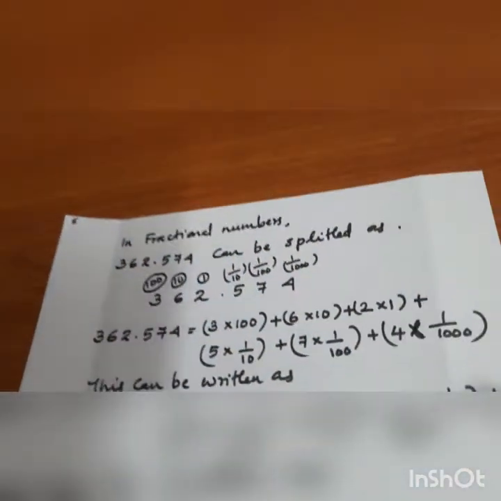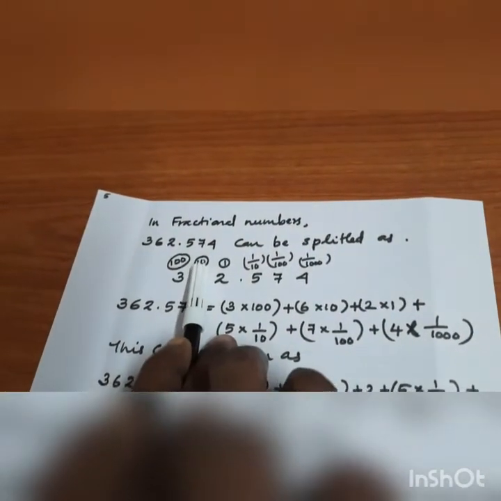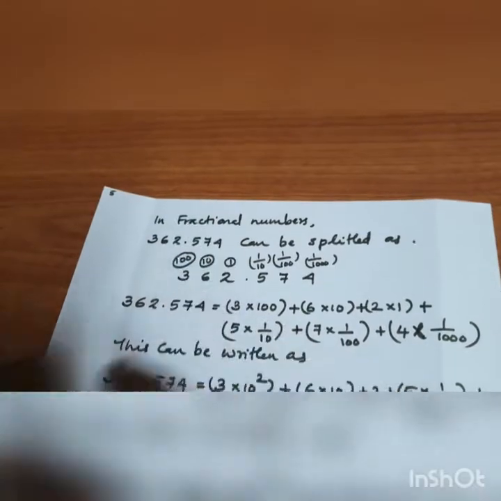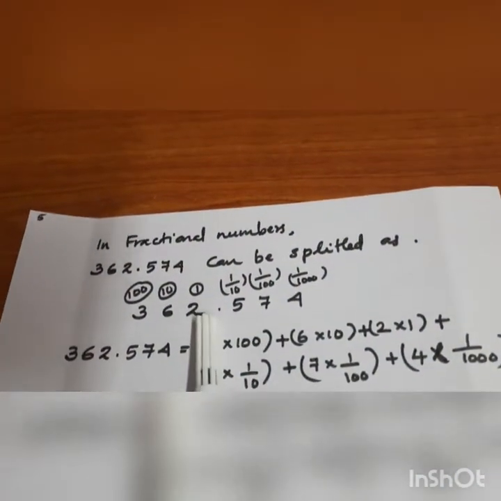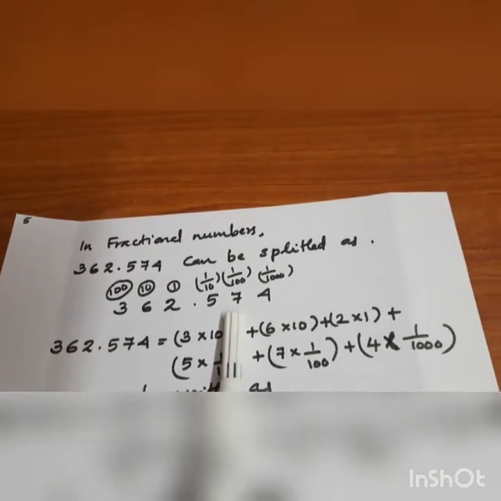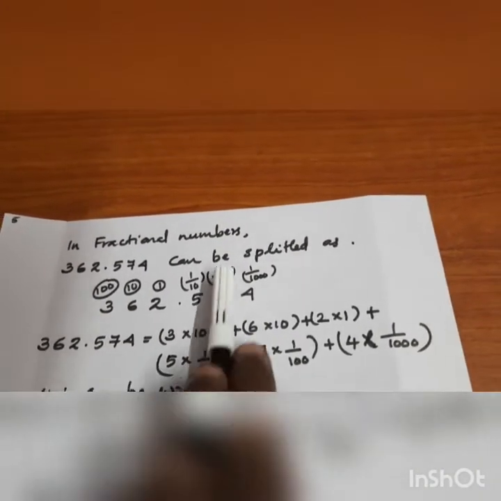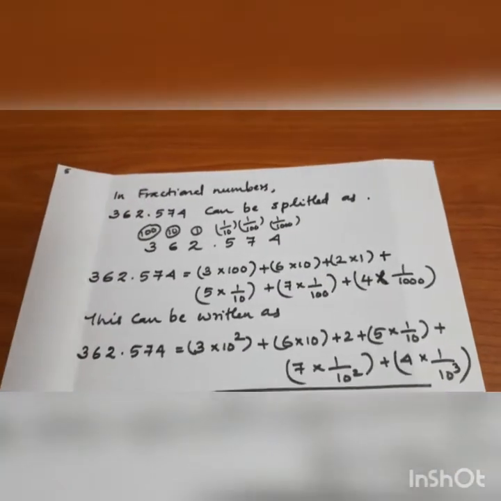In fractional numbers, for example 362.574, it can be split as: there are 2 ones, 6 tens, 3 hundreds, and 5 tenths, 7 hundredths and 4 thousandths.